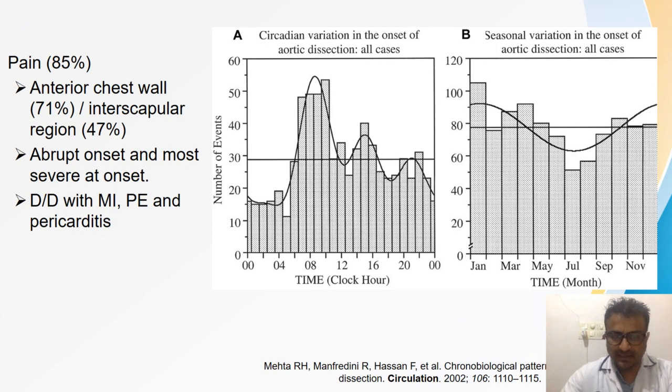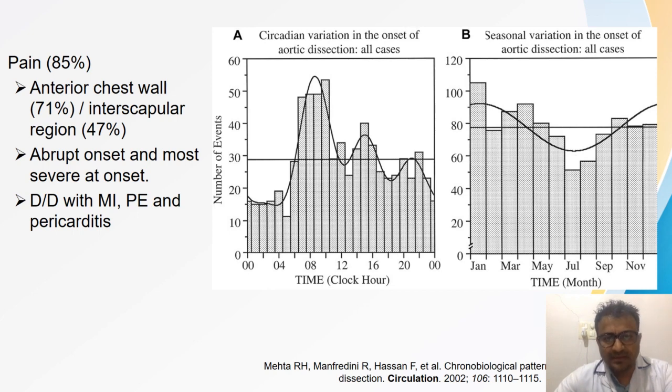On the right side, you can see the circadian rhythm of the onset of pain in aortic dissection and the seasonal variation in the onset of aortic dissection. You can see the early hours of the day are the time when patients experience pain, and these are the times when patients come to the emergency department for this pain.